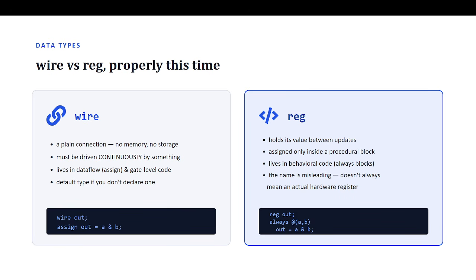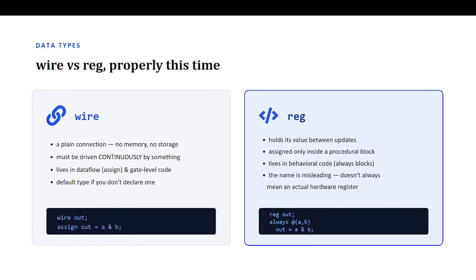That is the nature of a continuous assignment, which we studied as dataflow modeling in the previous lecture. Now, wire is also important because it is the default type in Verilog. If you declare a signal and do not explicitly say reg or wire, the compiler assumes wire. Keep that in mind. It is a common source of confusion for beginners.